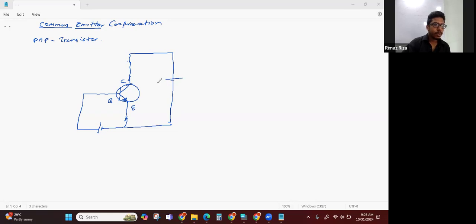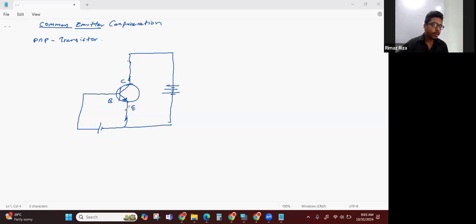PN. So usually for the collector terminal we put the large voltage, right? Voltage. So then we have done this.